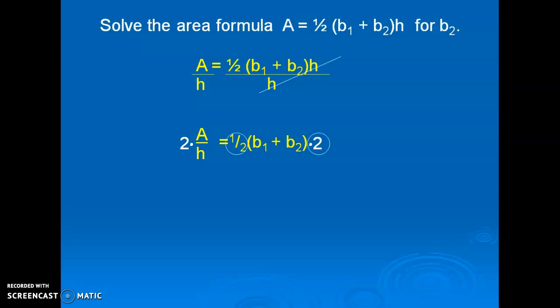Then on the left, we're left with 2 times A divided by h equals base 1 plus base 2. And then finally, we're just going to subtract that base 1, so we get that 2A divided by h minus base 1 equals base 2. And again, we maintained that equality. We did to one side what we did to the other. I just didn't show in that last step that we subtracted base 1 from both sides.